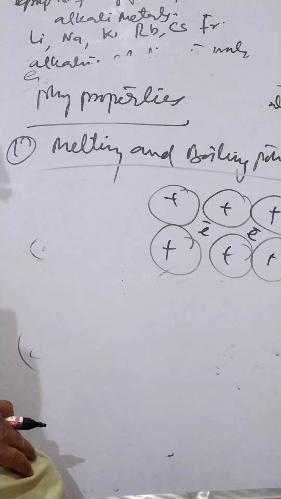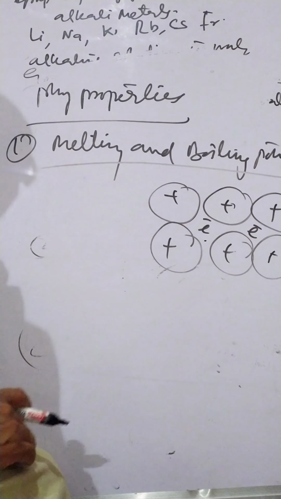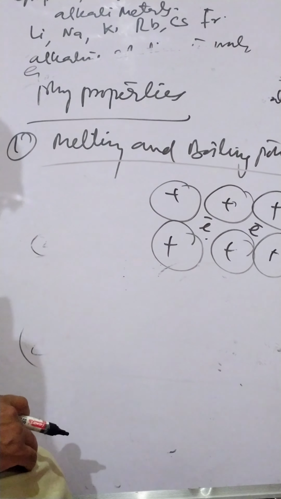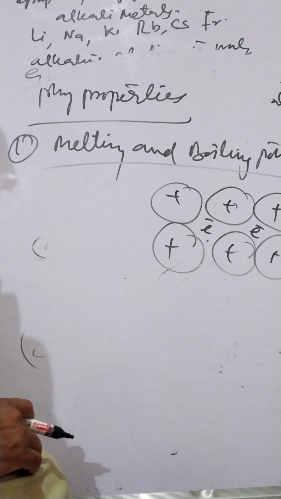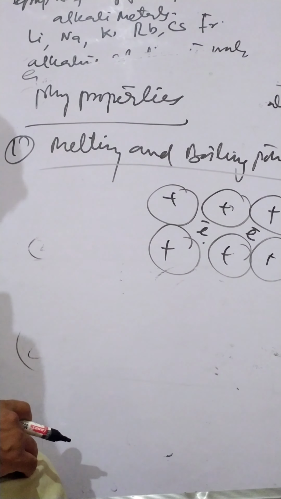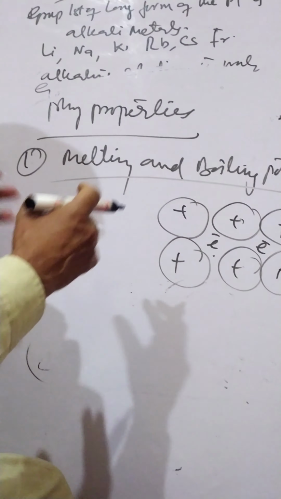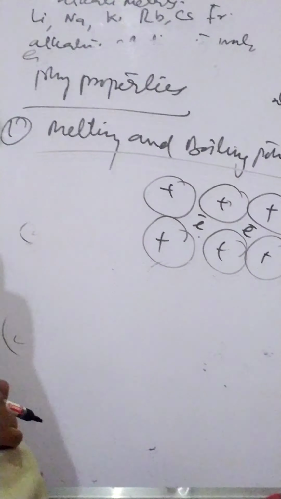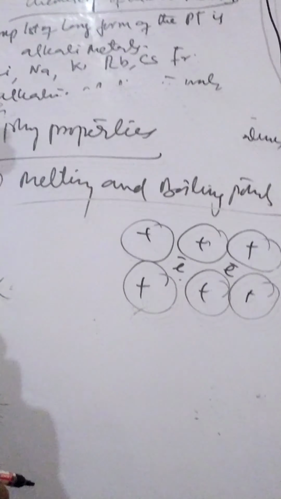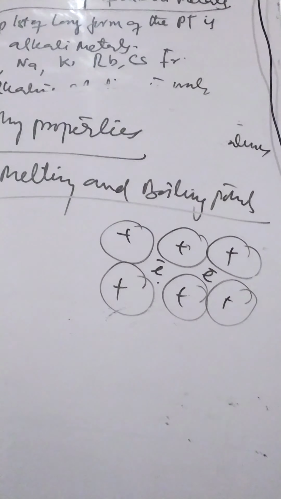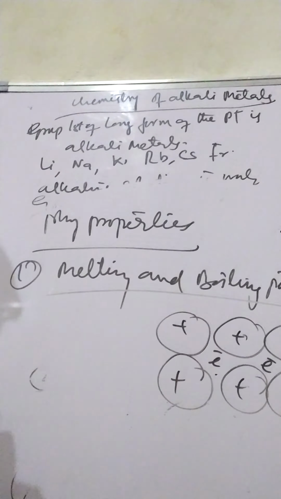Here we see the simultaneous attraction of these kernels for these electrons. Since there is only one electron from each atom, compared to metals such as iron and aluminium, which lose two or three electrons, there is a higher attraction between electrons and kernels, which produces a stronger metallic bond. But here only one electron is lost, and there is a weaker force of attraction between these kernels and electrons.